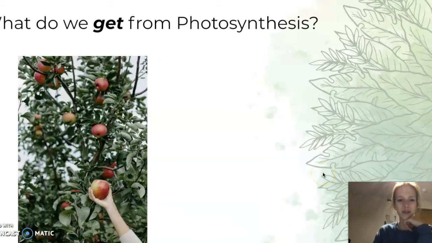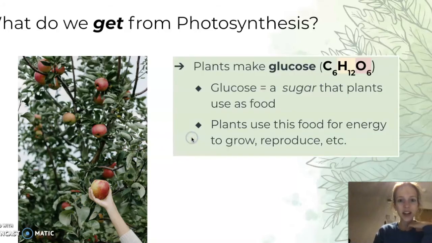Well, what do we get from photosynthesis? Well, you might guess from this picture, plants make glucose. And that glucose is called, in chemical terms, C6H12O6. That's the formula of atoms that makes up glucose. But glucose is a sugar that plants use as their food. Now, plants use this food for energy to grow, to reproduce, and other types of things.